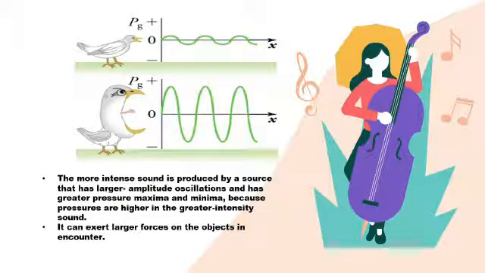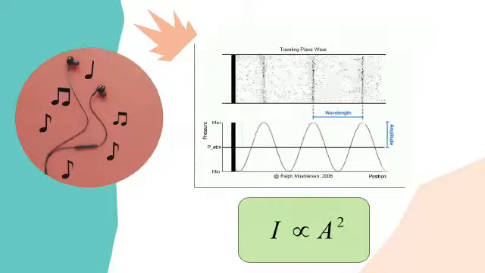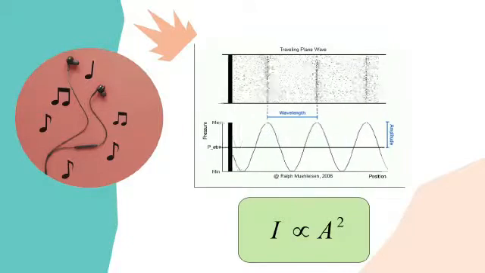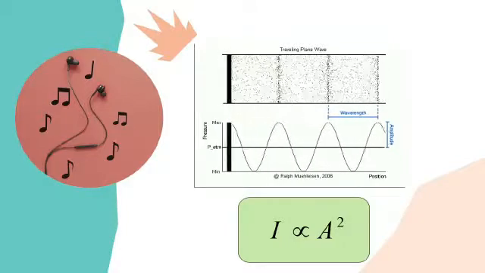It can exert larger forces on the objects it encounters. So, we can say that sound intensity is directly proportional to amplitude squared.